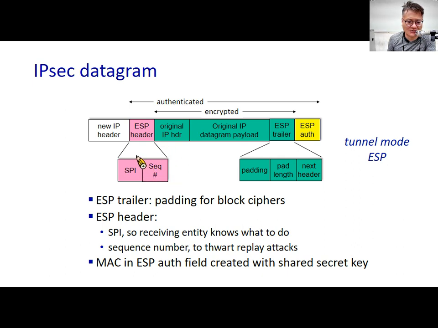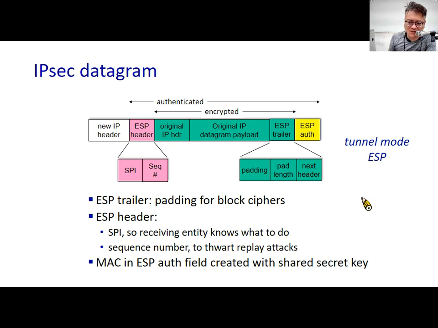The SPI lets the receiving entity know what to do, and the sequence number is for preventing replay attacks. The MAC in the ESP authentication field is created with the shared secret key.